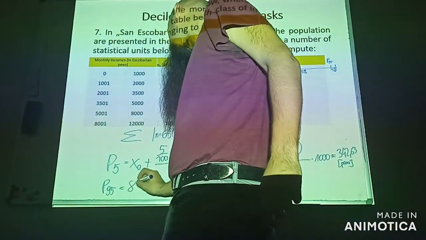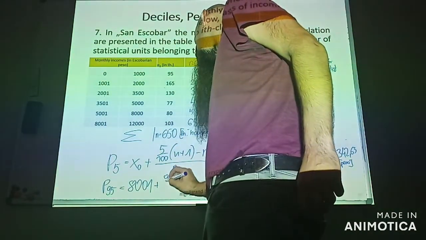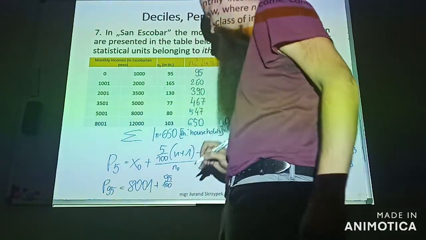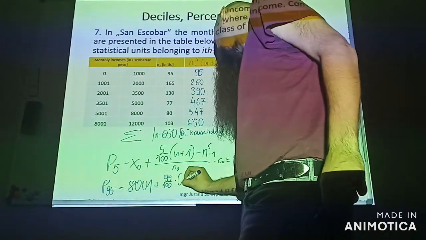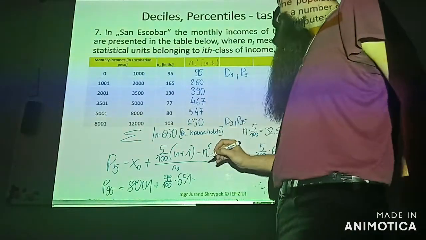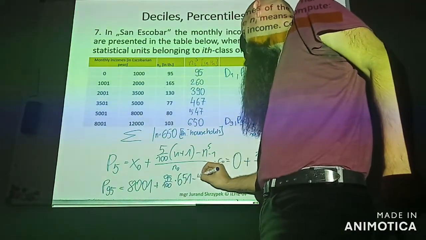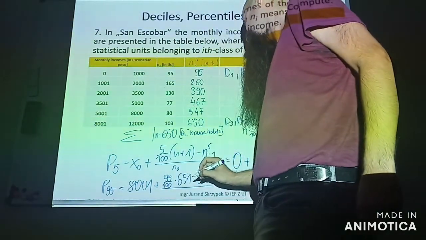Here we have 8,001 plus 95/100ths multiplied by 651 minus the cumulative frequency from the previous class, divided by how many?